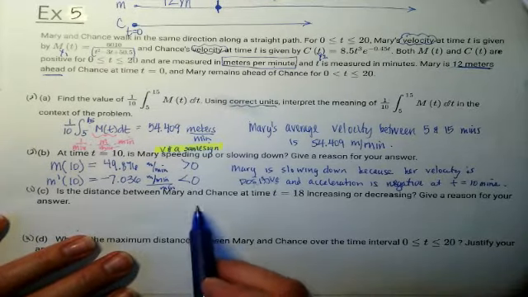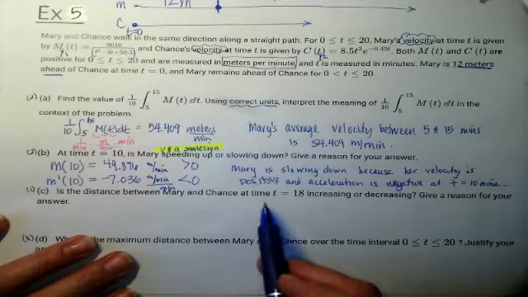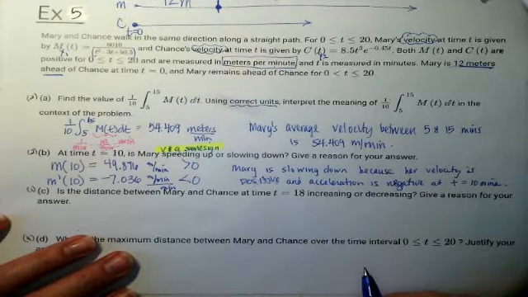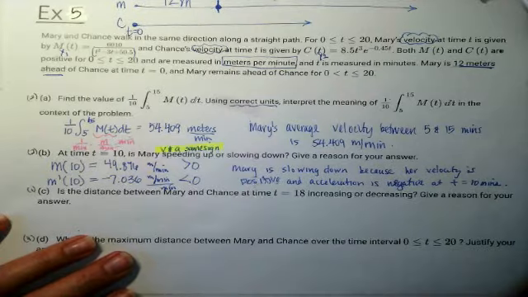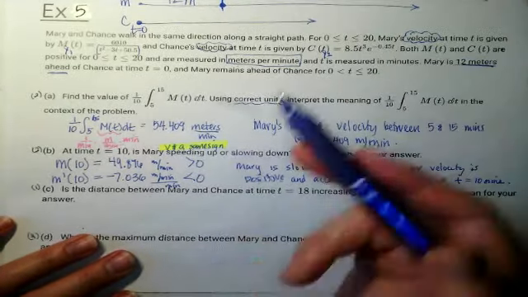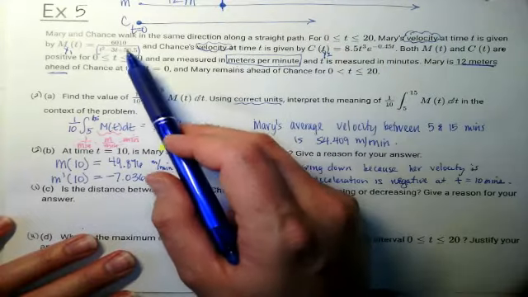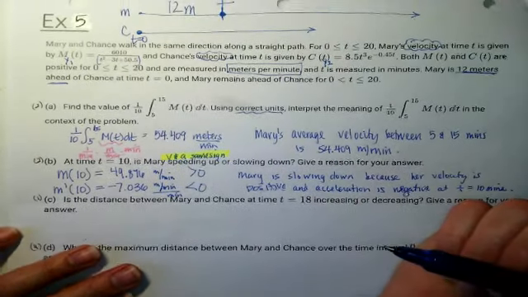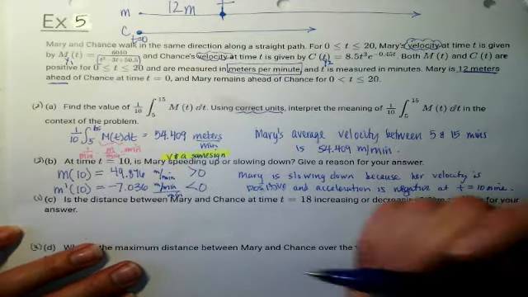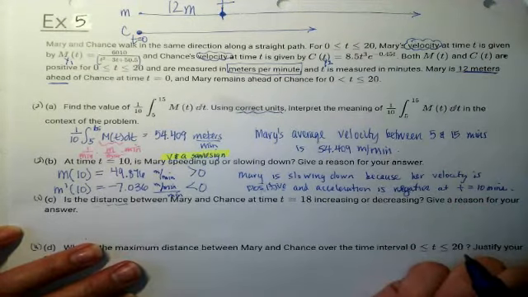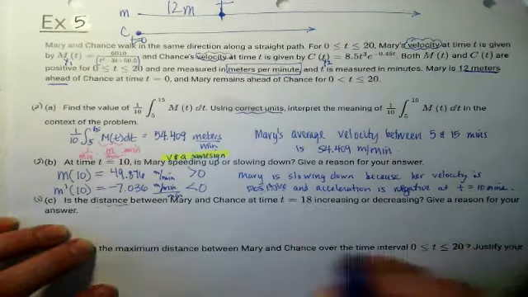Is the distance between Mary and Chance at time t equals 18 increasing or decreasing? Oh, Nellie, I only have 5 minutes left here. Okay. How do we find the distance between these two folks, given their velocity equations? Interesting. The distance between them is like their position equations. And so I'm going to write a lot here.